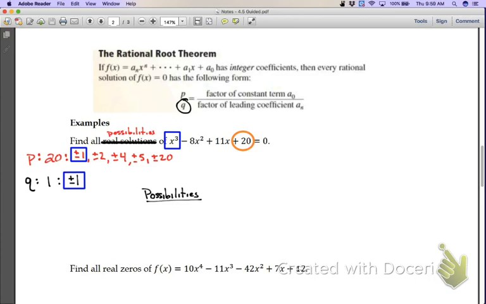Okay. So again, since it's positive and negative, I can just write my possibilities of plus or minus 1.